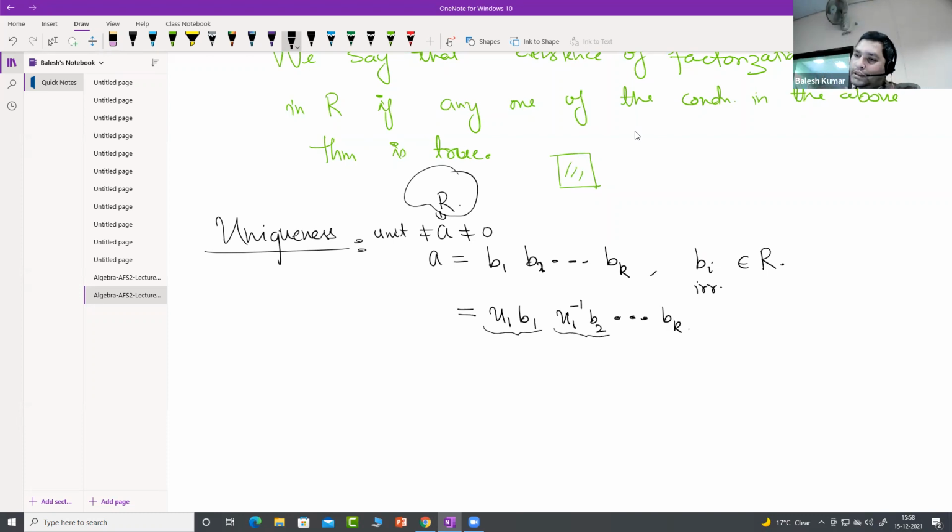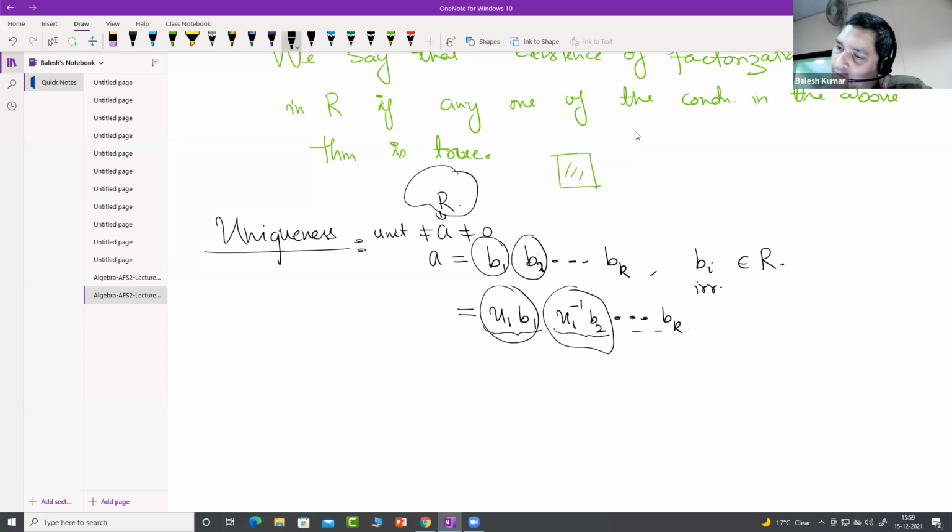If you have u2, another unit inside R, you can similarly club u2 with its inverse inside some other elements. Then b1 will be different from u1 b1 and b2 will be different from u2 b2. This is the obvious choice that disturbs the uniqueness inside the integral domain.